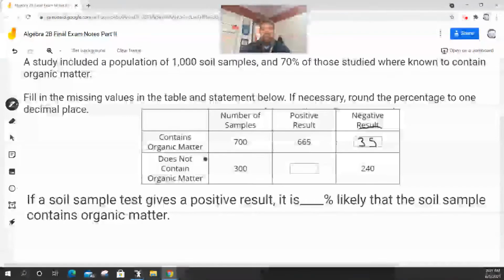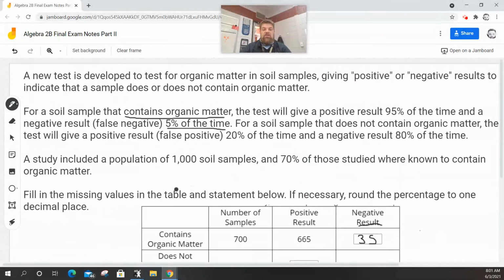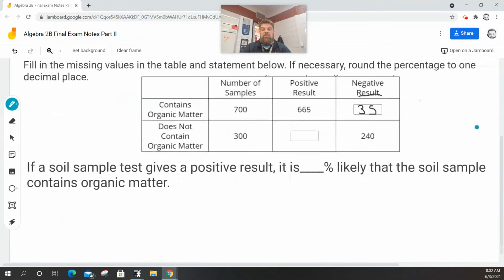It says does not contain organic matter. So then we go down and read the part where it does not contain organic matter, and now we're looking for the positive result, which is 20% of the time. There's two ways I can do that. I know that the positive result plus the negative result has to equal 300, and we're looking for the positive result.